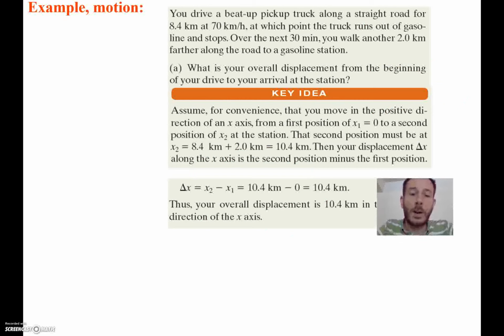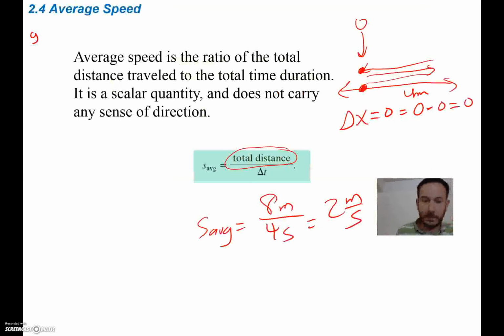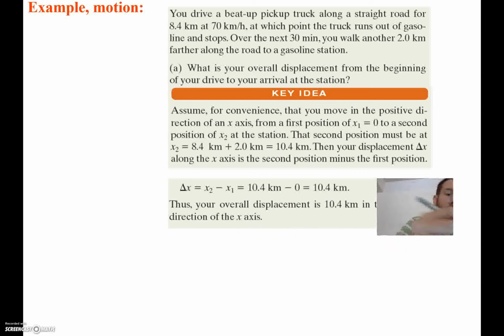So you drive a beat-up pickup truck along a straight road for 8.4 kilometers at 70 kilometers an hour, at which point the truck runs out of gas and stops. Okay, so let's write down our givens first.